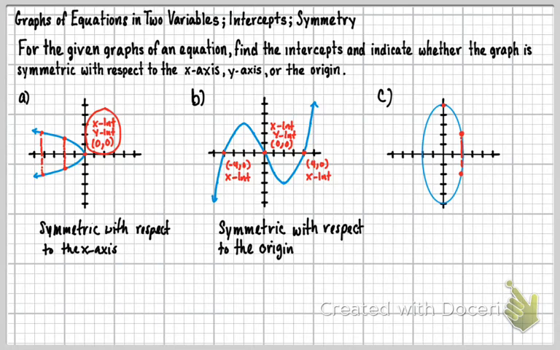So this here is going to be 0, 1, 2, 3, 4, 5. So this will be 0, 5, and that's a y-intercept. Okay, and then we have this one down here. That's not negative 5, it's 0, negative 5.